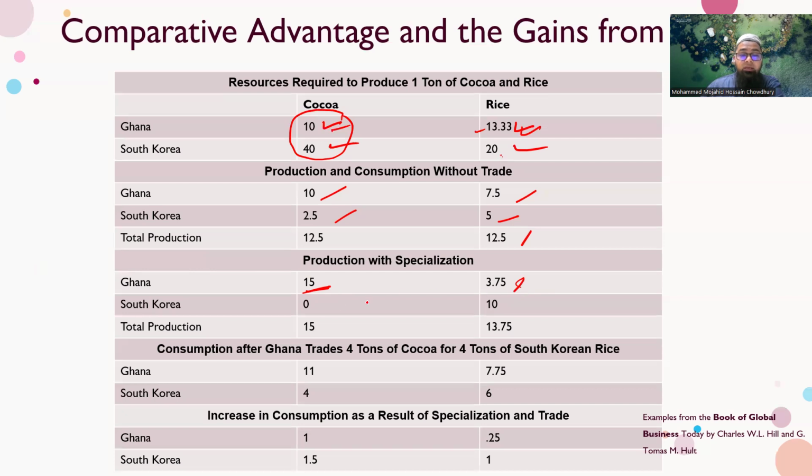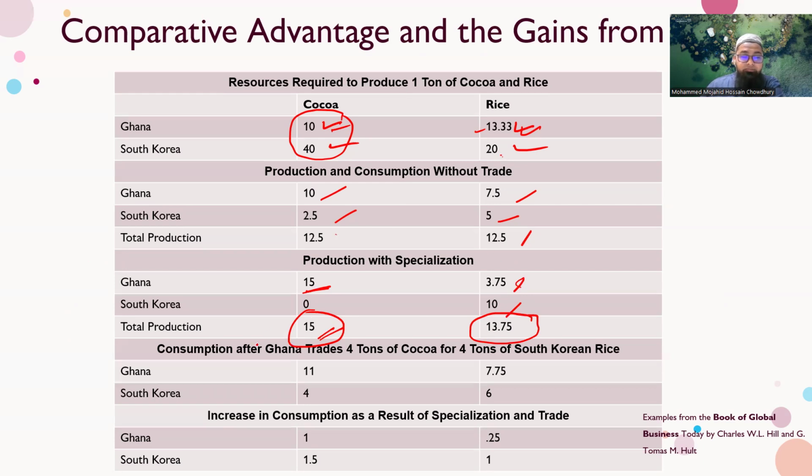And if South Korea uses 100%, like 200 resources, to produce rice, they come up with 10. Ghana's total production of cocoa is 15 and total production of rice is 13.5, which is comparatively higher.